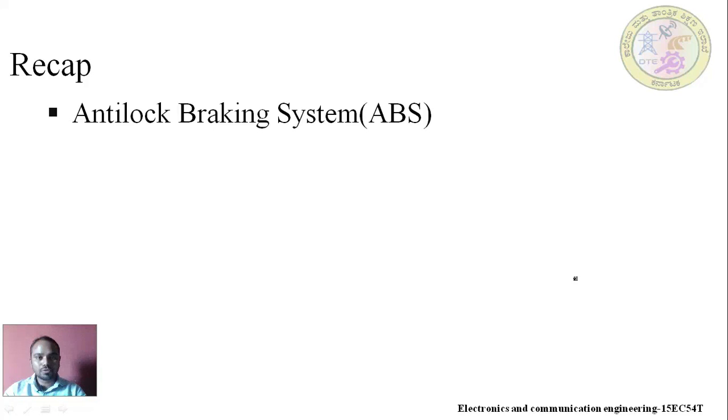It observes the wheel rotation and sends that information to the electronic control unit. The electronic control unit is the brain of ABS. It comprises a microcomputer, which has both software and hardware parts.